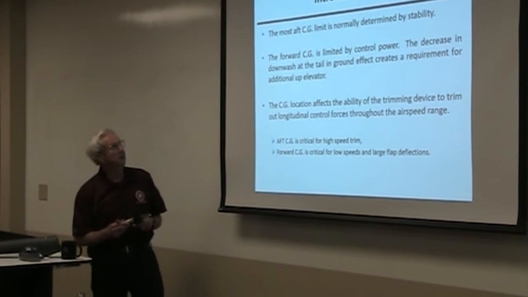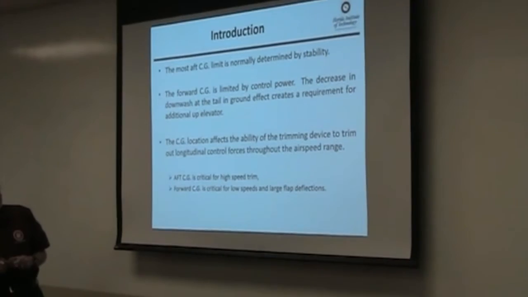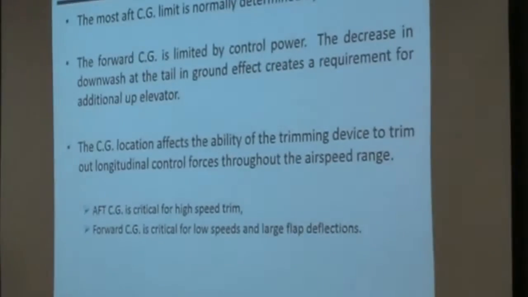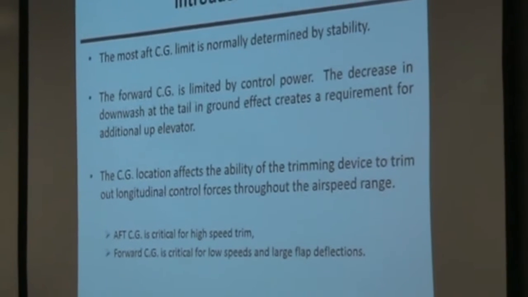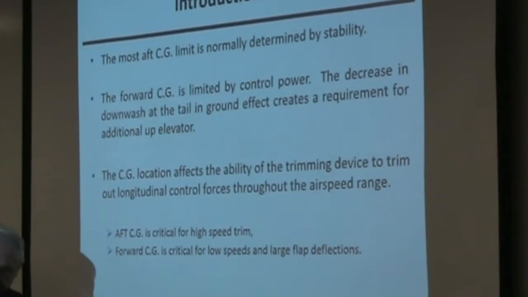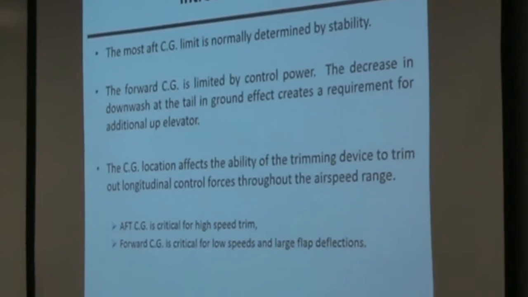Well, we said that the most aft limit was normally determined by stability, the forward CG by control power, and of course, we said when we flew into ground effect, the downwash off of the main wing affects the angle of attack at the tail, and so that may very well set how much up elevator we need.